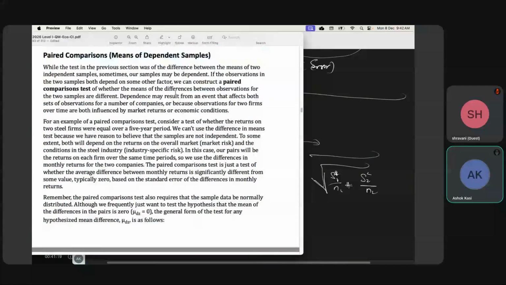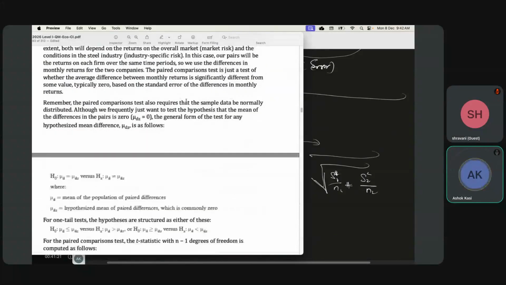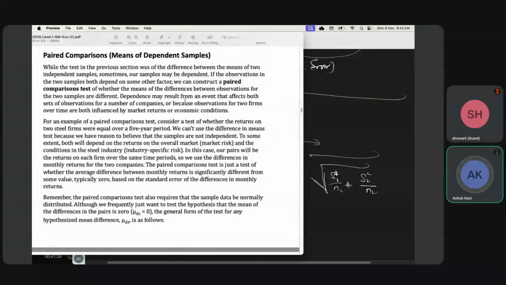The next one is the paired comparison test. While the test in the previous section was for the difference between the means of two independent samples, sometimes our samples may be dependent. If the observations in the two samples both depend on some other factors, we can construct a paired comparison test.